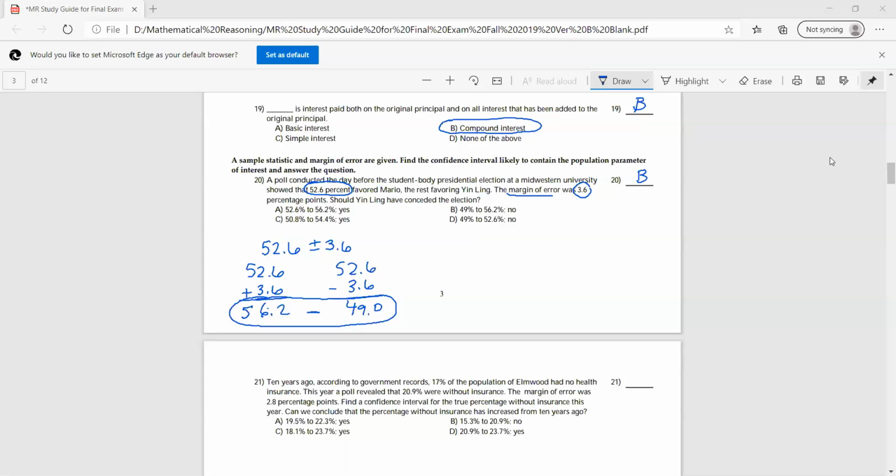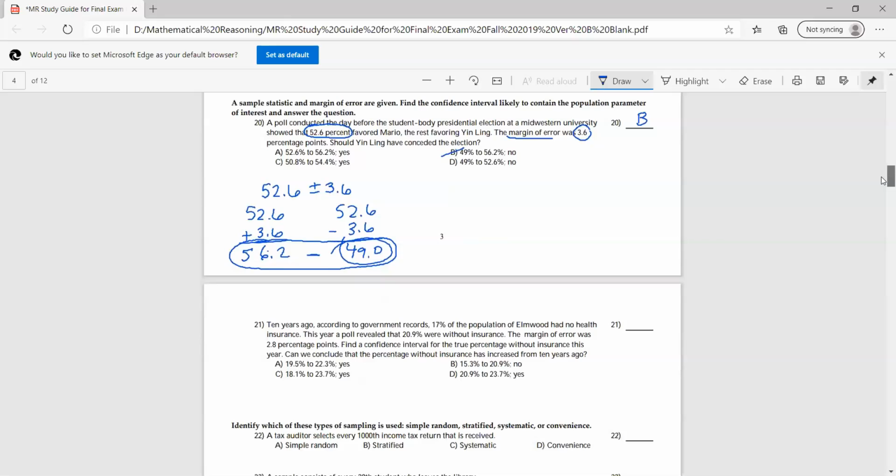There is a chance that he's not going to get more than 50%, because he could score down here in the 49% range. So that's why the answer is no, she should not concede the election, because there is a chance he still won. So we want to make sure that they actually counted all the votes.